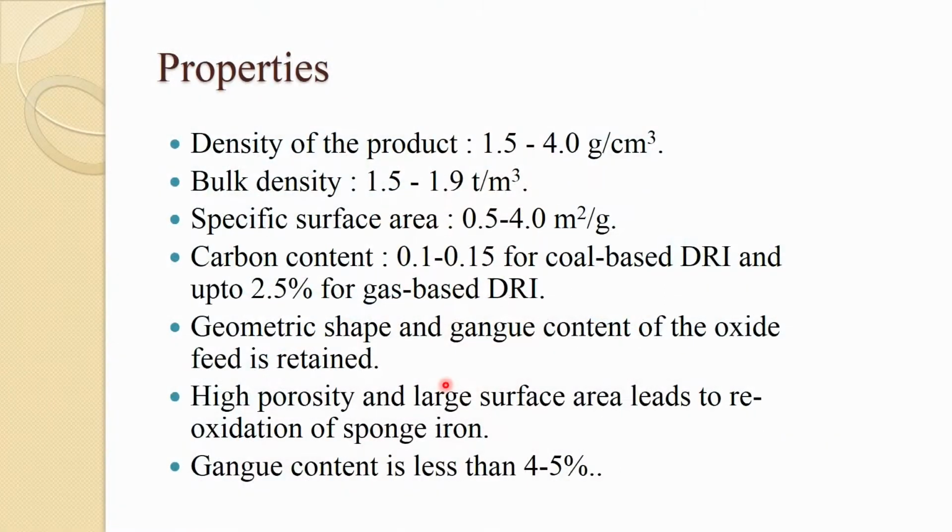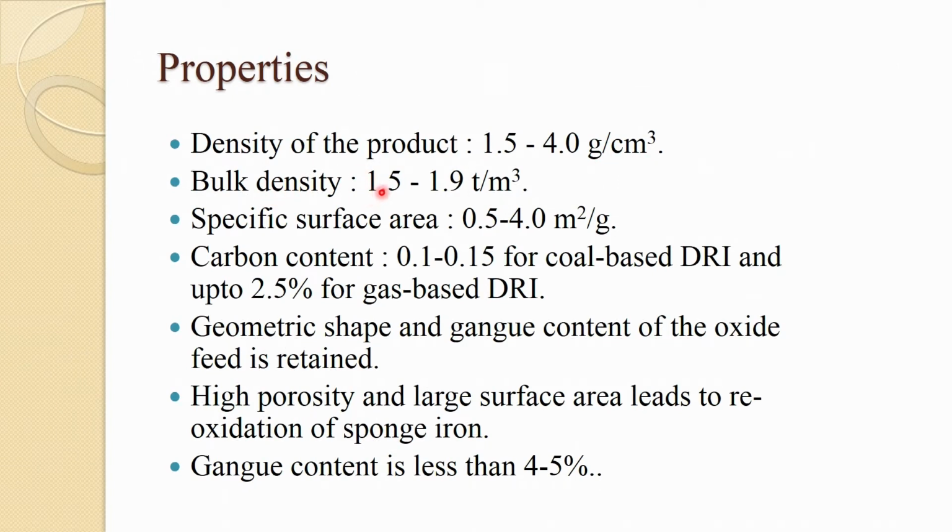So, now after this numerical, let us see about the properties of the DRI which we get. So, usually the density of the product range is between 1.5 and 4 gram per centimeter cube, or 1500 to 4000 kg per meter cube.